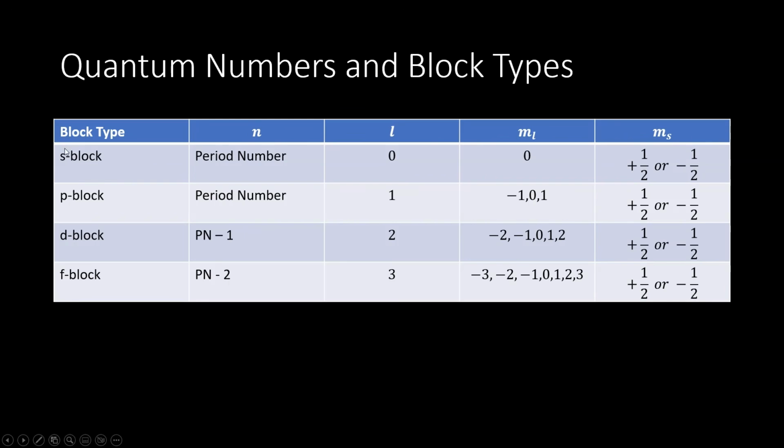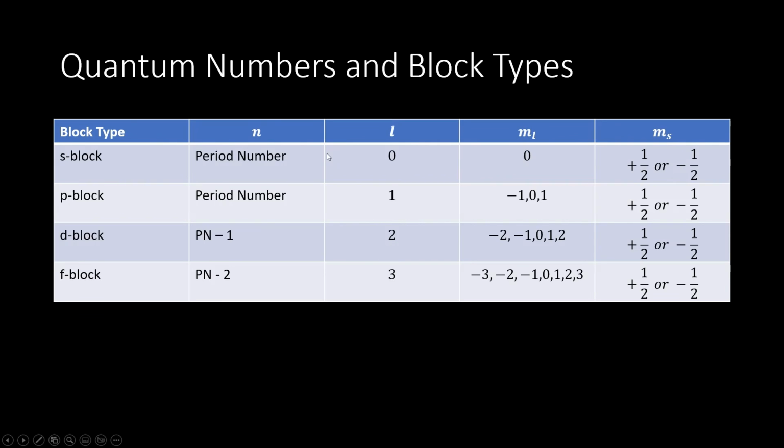Every time that we have an s electron, that's the same thing as saying that l equals 0. Basically, there's a letter way to represent the angular momentum quantum number, s, p, d, and f, or there's a numerical way, 0, 1, 2, and 3.